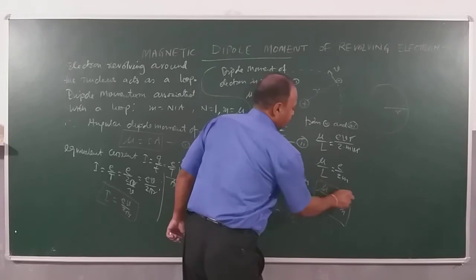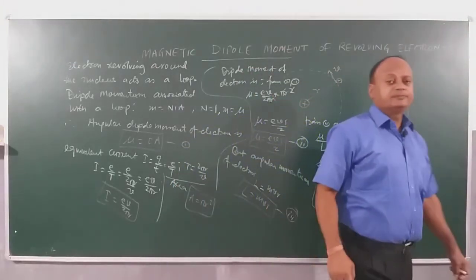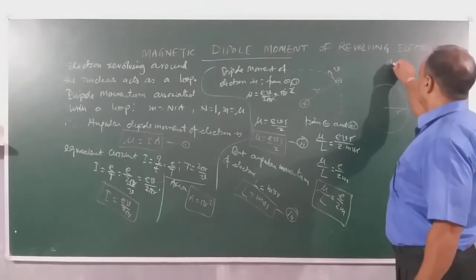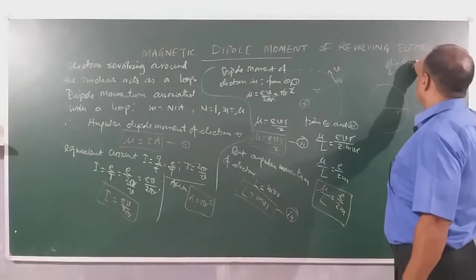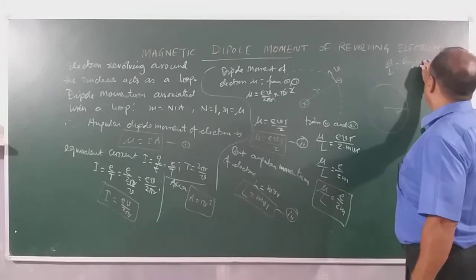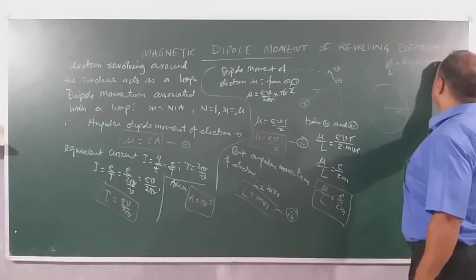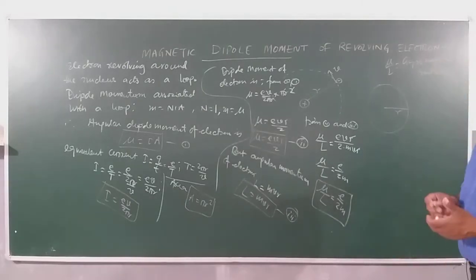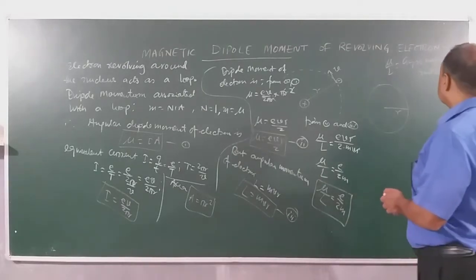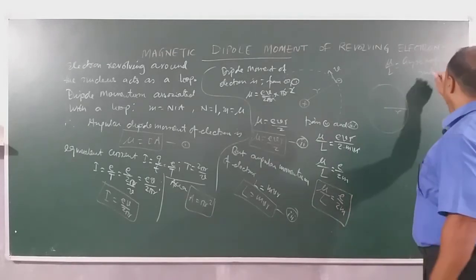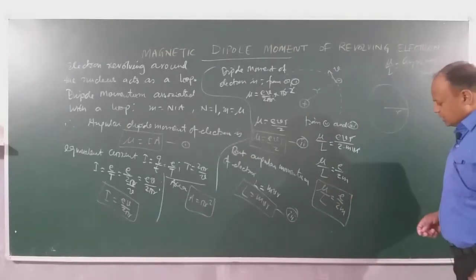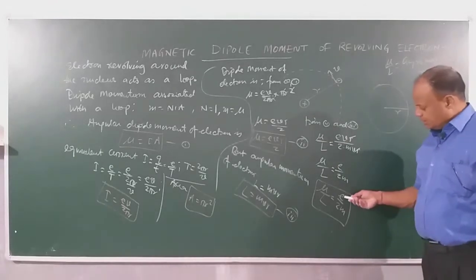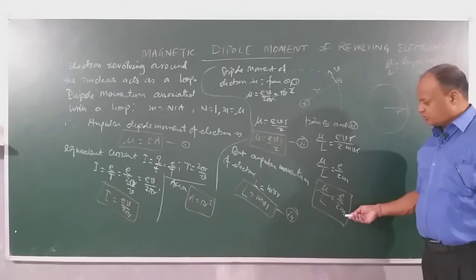And children, this term mu by L has a specific name. It's called gyromagnetic ratio. Clear? When you look at the value of gyromagnetic ratio, e is a universal constant and the mass of the electron is also a universal constant.